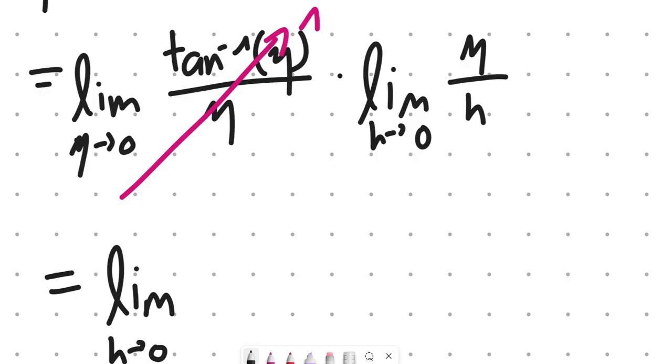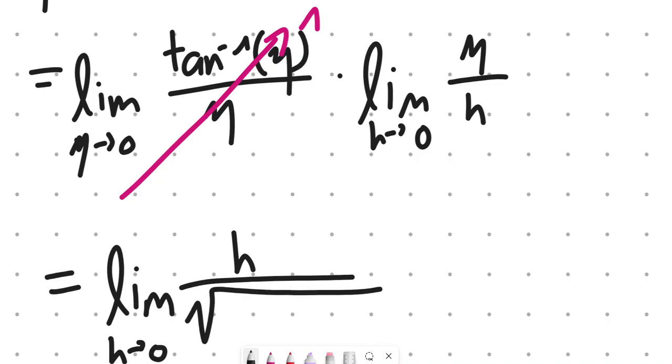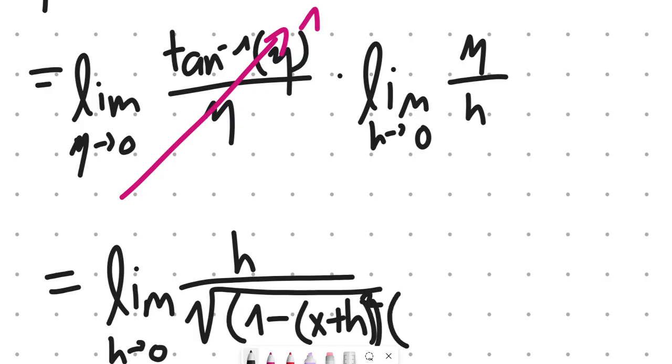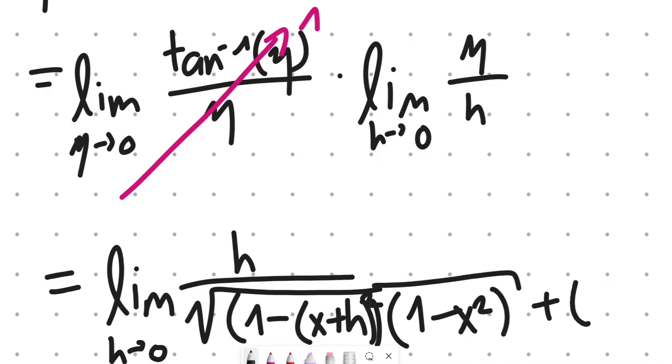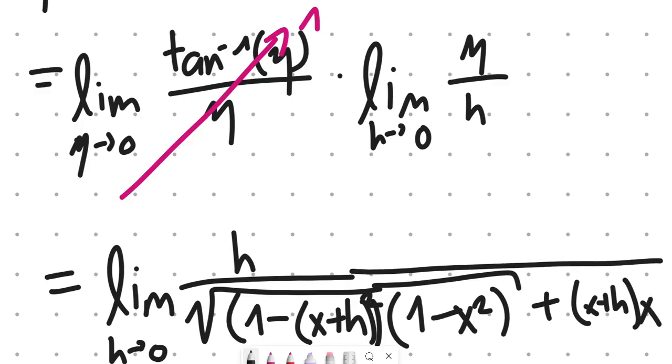But what is eta? It is equal to h over the whole gibberish thing: the square root of 1 minus x plus h square, times 1 minus x square, plus x plus h times x, and then divided by h. So this h will cancel out with the h we have here.